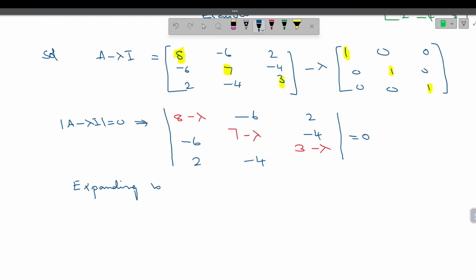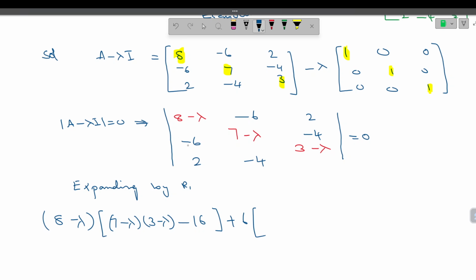Now expanding by R1. 8 minus lambda as it is. Going through this row and this column, we get 7 minus lambda times 3 minus lambda, minus 4 times 4 is 16. Minus times minus is plus, so it is minus 16. Then minus of this minus, so it becomes plus.